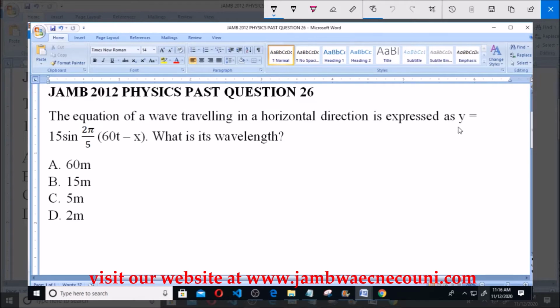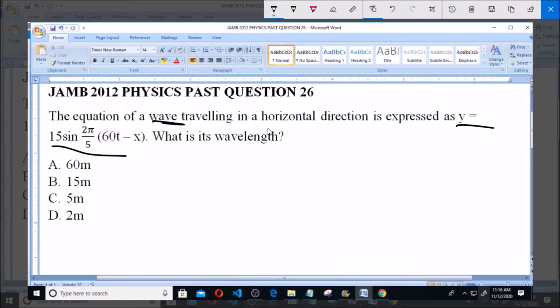So you have this equation given to you here representing a wave traveling in a horizontal direction, and you're asked to find its wavelength.